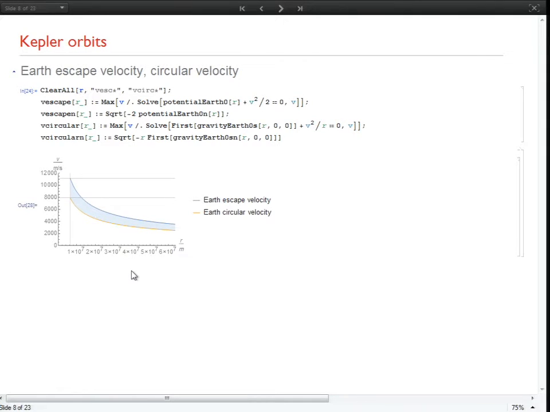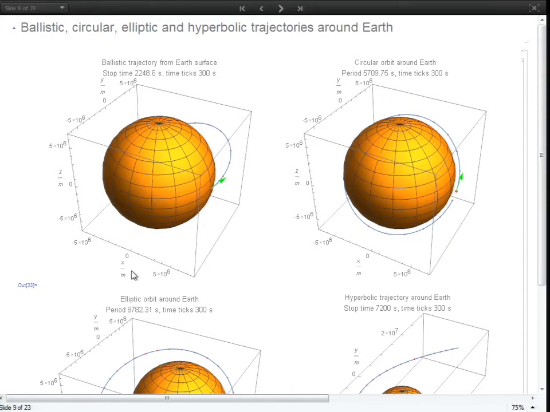Now we can show a few examples of Kepler orbits with different initial conditions. Here is our starting point. I started on the Earth surface with an outward pointing velocity vector which is suborbital, below the circular velocity, and then you get a ballistic orbit.